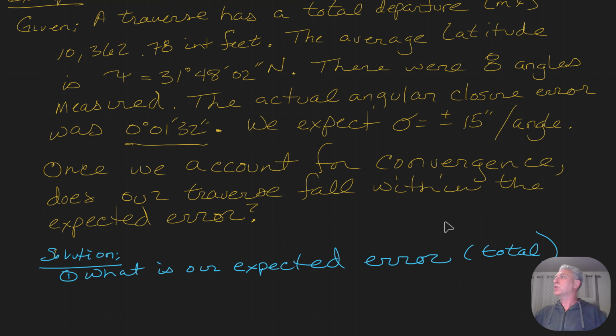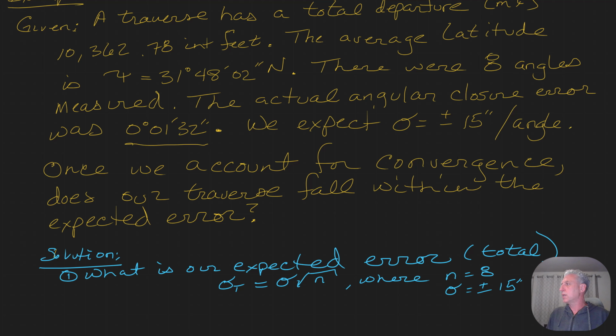Well, our expected error, if you remember way back to plane surveying, computations, and platting, our expected total error, so I'm going to say sigma sub t for sigma total, or total standard deviation, would be our sigma, 15 seconds per angle, times the square root of the number of observations, where n equals 8 and sigma equals plus or minus 15 seconds.